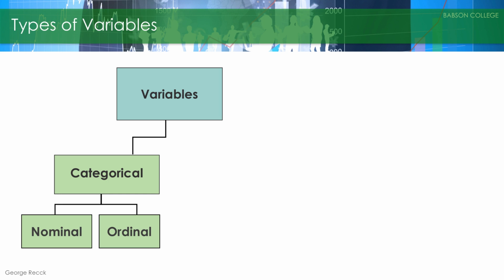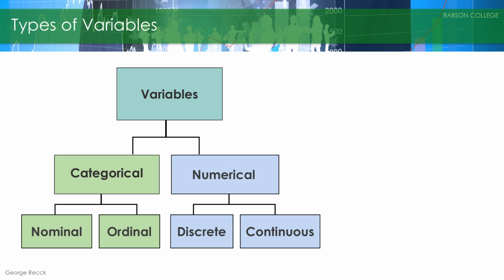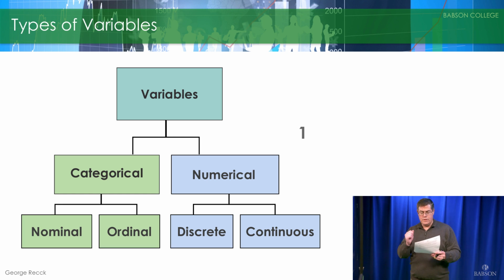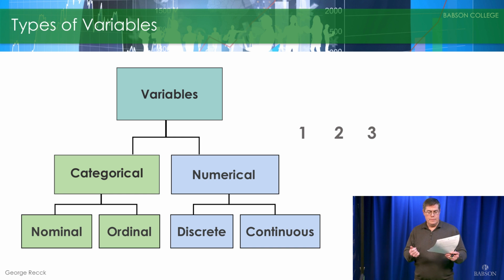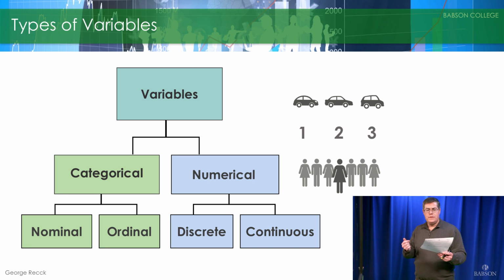Second, data can be numeric. Numeric can come in two forms: discrete and continuous. Discrete data types are things that you can count, like items, family members, cars, something that you would just count out to see how many you had.